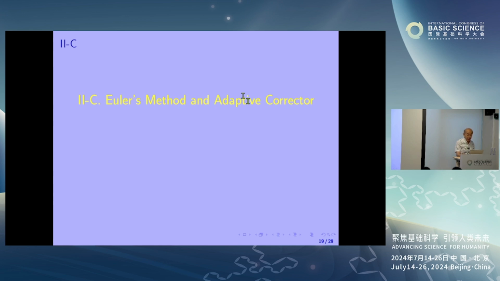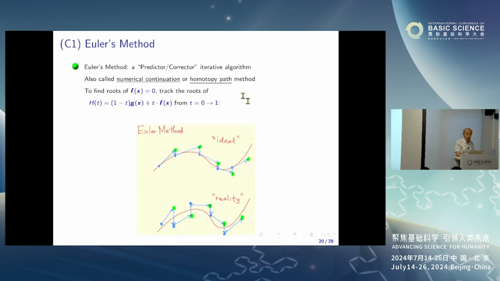Okay, now the third area is getting closer to something that I'm in the midst of working very hard on, Euler's method and adaptive corrector. I think most of you have seen Euler's method, sometimes called a predictor corrector iterative algorithm. Basically, the idea is that suppose you have to follow a path. In application, this might be that you're trying to find the root of a polynomial f of x equal to 0.